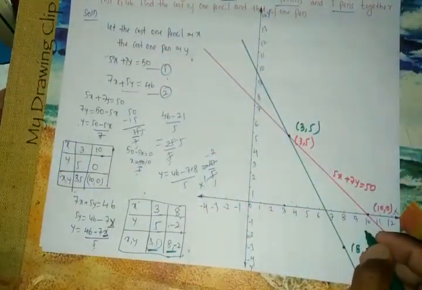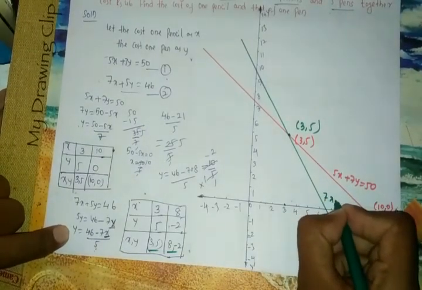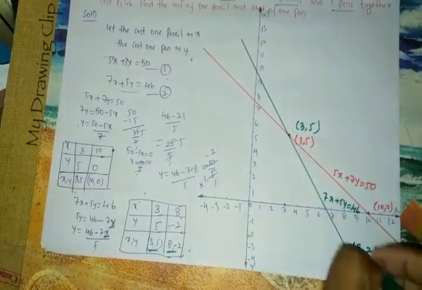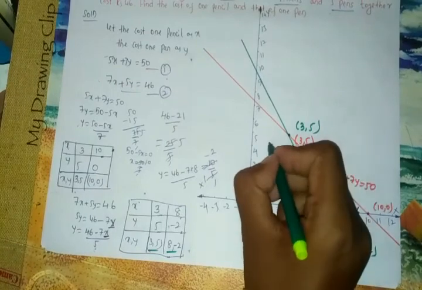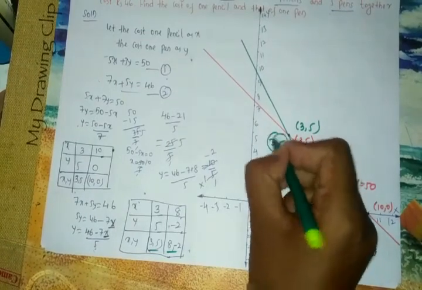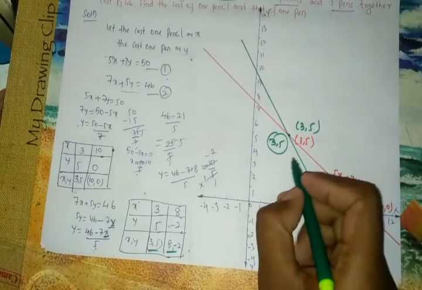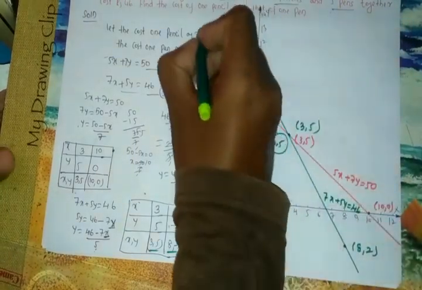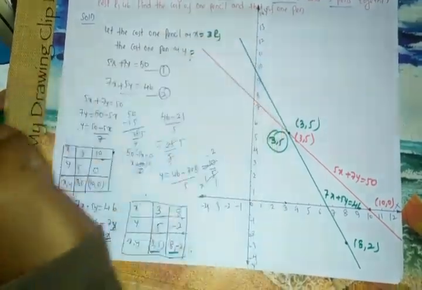This line is for the equation 7x plus 5y equals 46. These 2 lines are intersecting at 3 comma 5. So the value of x is 3 and the value of y is 5. Means the cost of a pencil is 3 rupees and the cost of a pen is 5 rupees.